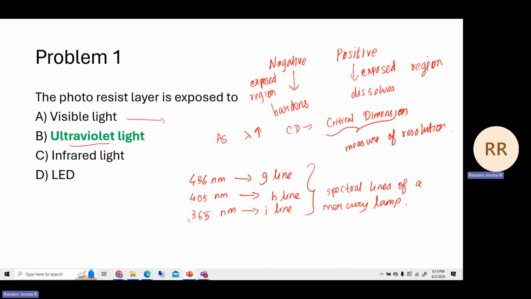The component of the photoresist that is sensitive to this light is the photoactive compound, which will change its properties depending on the wavelength or intensity of the light it is exposed to. Okay, is this clear?